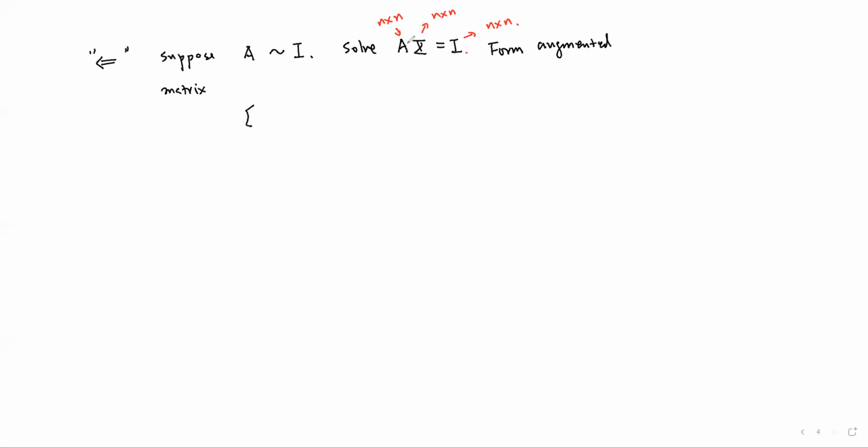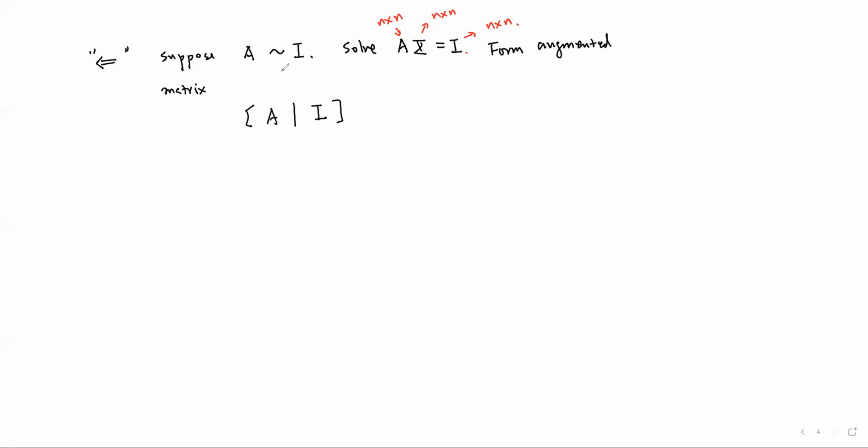The augmented matrix is the coefficient matrix together with the right-hand side. Now we are given that matrix A can be reduced to the identity matrix by a sequence of row operations.